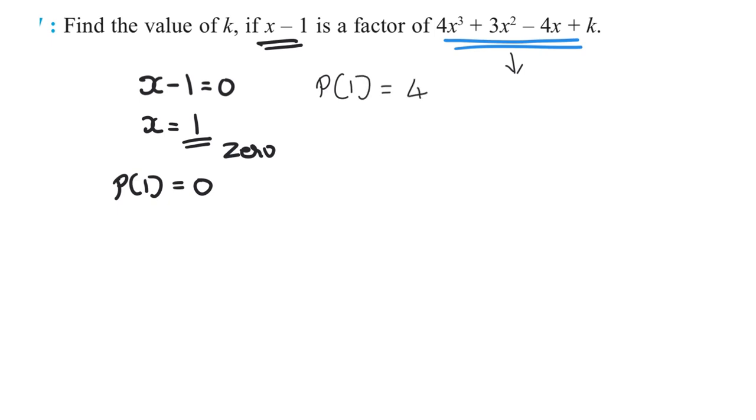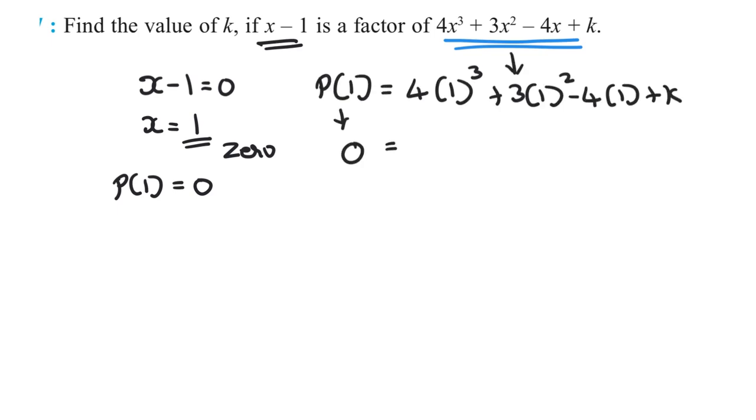So 4 times 1 cube plus 3 times 1 squared minus 4 times 1 plus k. This whole thing should be equal to 0. Why? Because according to factor theorem, if x minus 1 is a factor, then 1 will be the 0 of the polynomial.